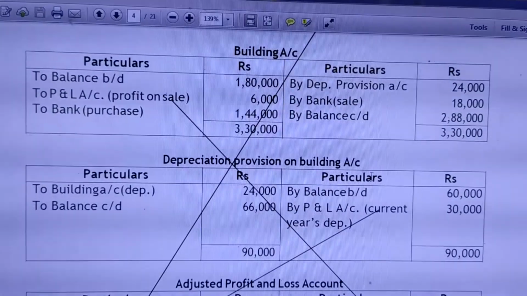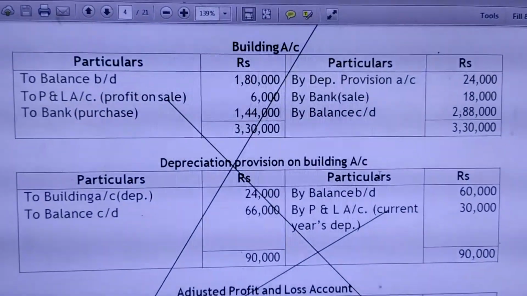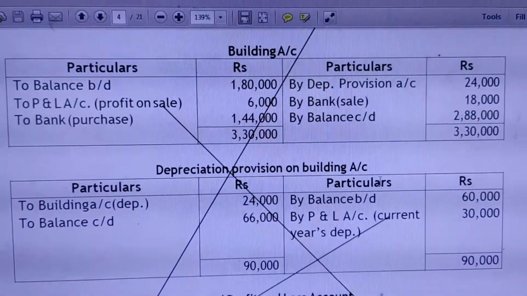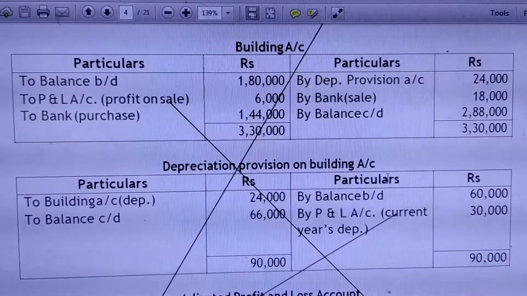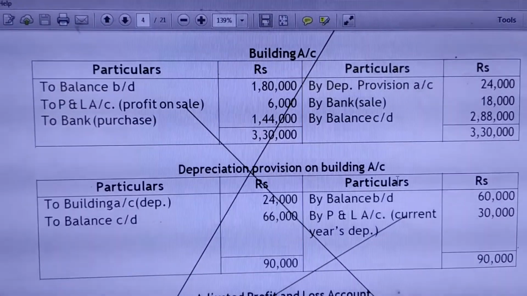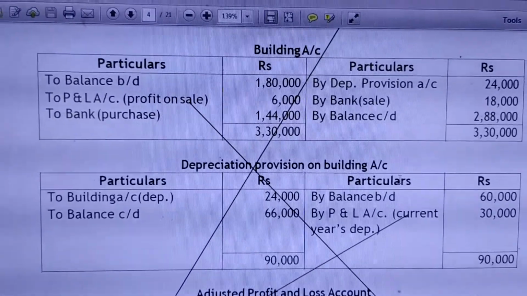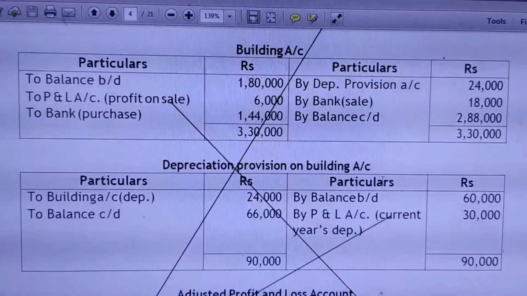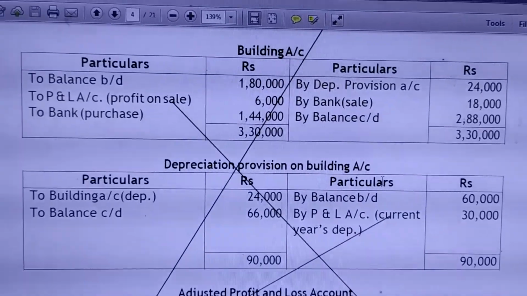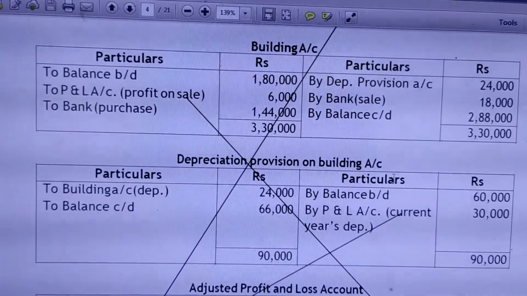The second adjustment is the building account. So the opening balance of building is an asset, so the opening balance of building will be on the debit side, 1,80,000. And the closing balance of building 2,88,000. All things will be available in that balance sheet.